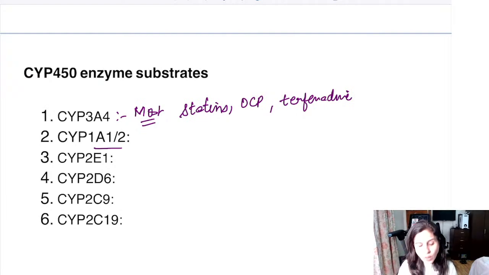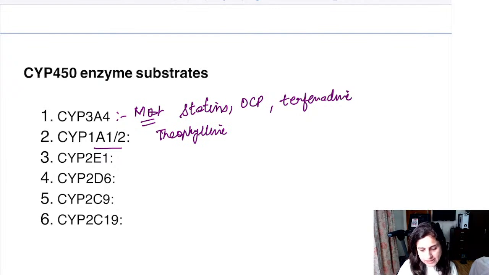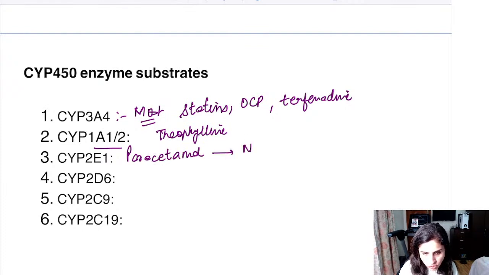CYP 1A2, here the important one is theophylline. CYP 2E1, paracetamol. Paracetamol converts to NAPQI. Okay, paracetamol converts to NAPQI because of this CYP2E1.